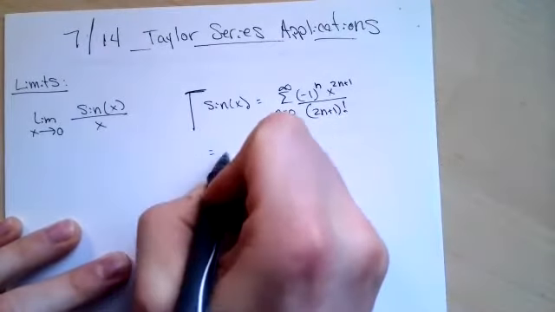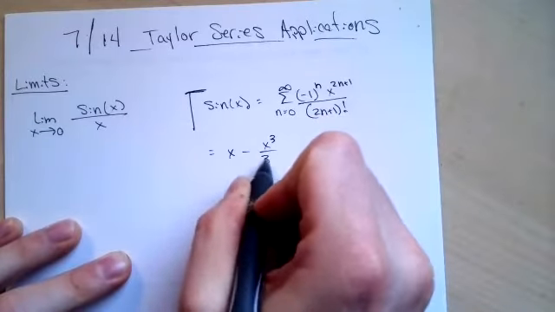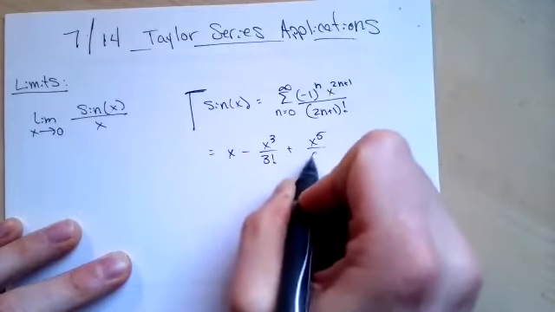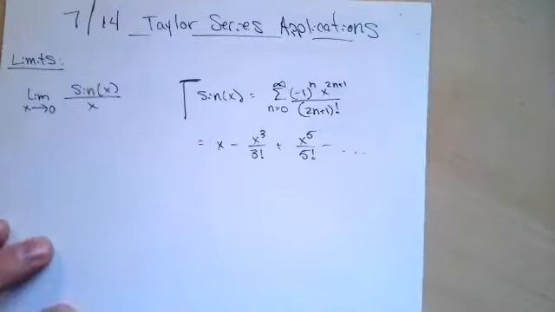So if we were to write it out, it's going to be x minus x cubed over 3 factorial plus x to the 5th over 5 factorial, and it's going to keep going.